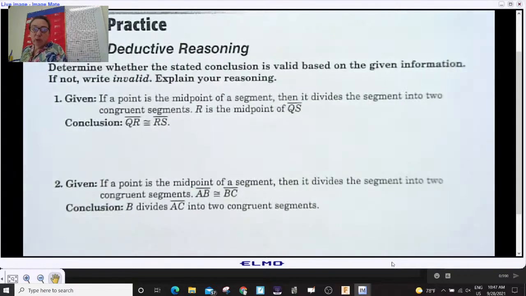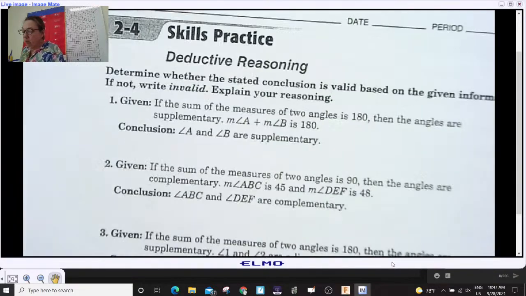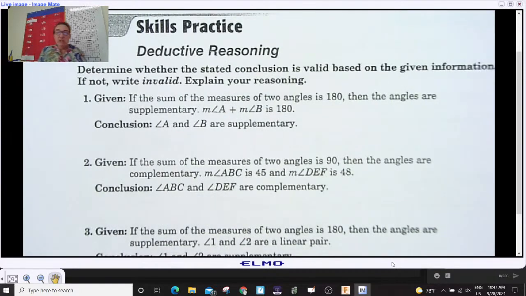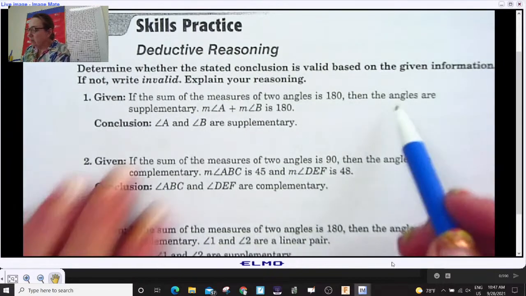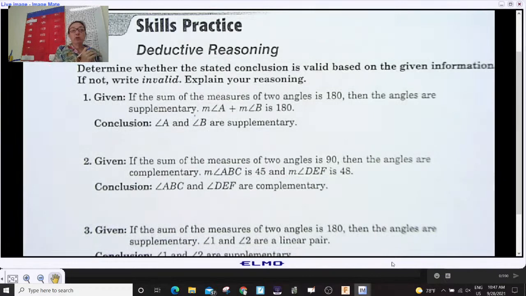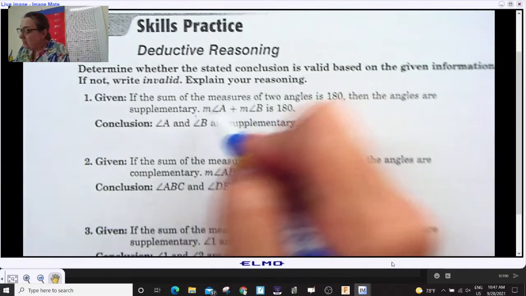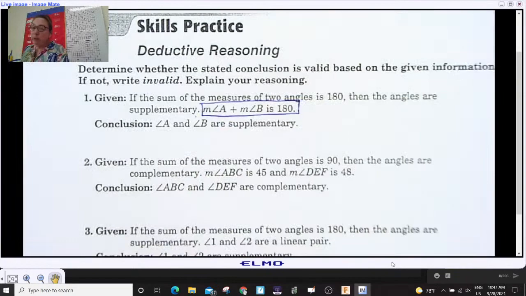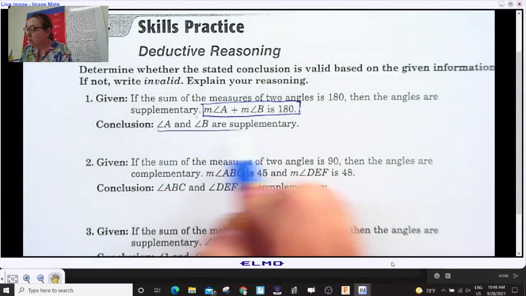So, an example of that would be, let's look at number 1 on your skills practice sheet. If the sum of the measures of two angles is 180 degrees, then the angles are supplementary. We know that's a true statement, right? Supplementary angles are angles that add up to 180 degrees. Now, if I tell you that the measure of angle A and the measure of angle B equals 180, what is the conclusion that you can draw?